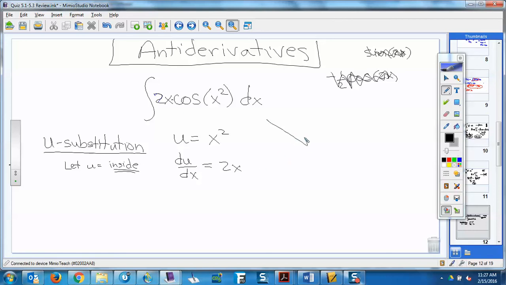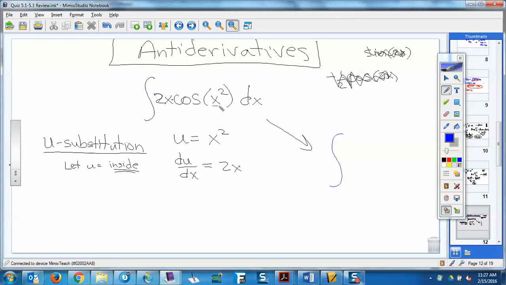So what we're going to do now, I'll do it in blue, we're going to write a new integral, and we're going to substitute out all the x's, and we're going to replace them with equivalent u's. Okay? We're in the middle of basketball, well, not the end of basketball season here, so we'll think of it like basketball. In basketball, you have substitutions, right? We're going to substitute out all the x players and put their substitutes in.